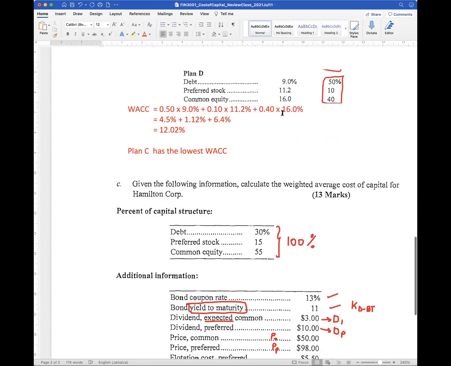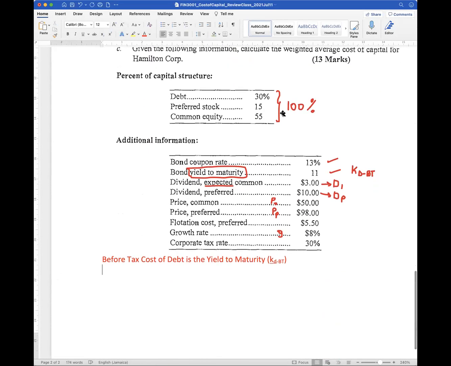This time, you are given two rates, the coupon rate and the yield to maturity, and you are expected to decide which one is the correct one to use. You must know that the overall return on a bond is the yield to maturity. The coupon is just part of the return, and it's the overall we're dealing with.